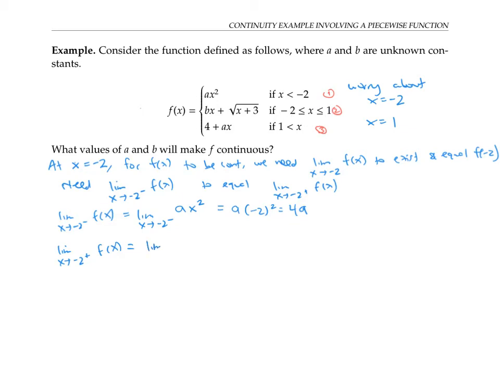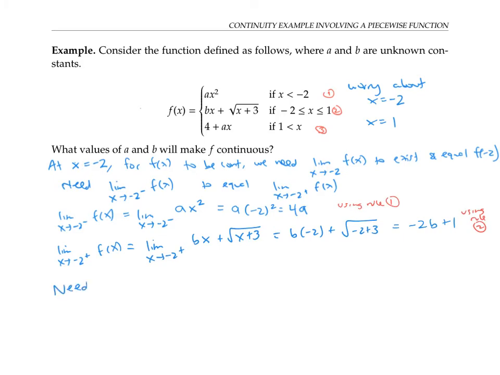That is, we need to evaluate the limit as x goes to -2 from the right of bx plus the square root of x plus 3. Again, we can evaluate that limit just by plugging in -2. That simplifies to -2b plus 1.